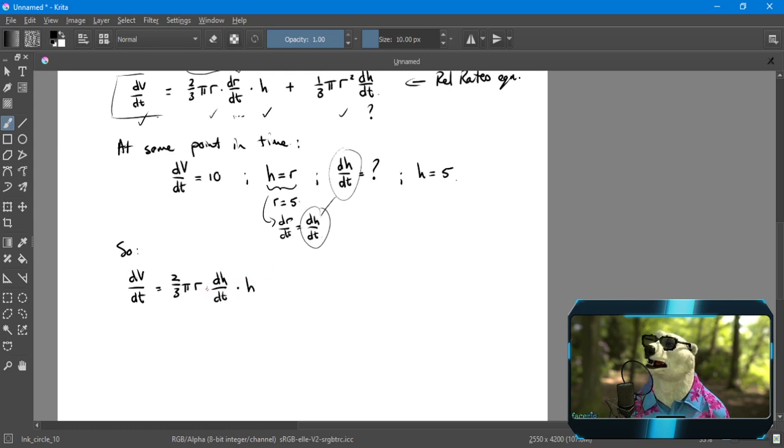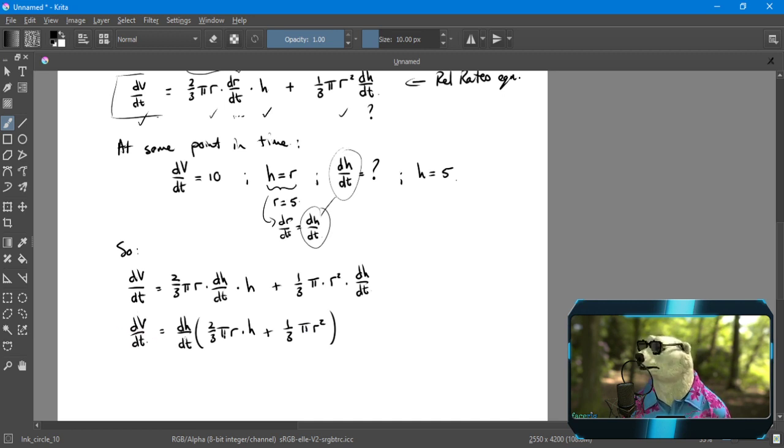And then I have an h. Then plus 1/3 pi r squared. I'm going to have a number for that. And dh/dt is still my unknown. So now I want to factor out the dh/dt so that I have dh/dt times 2/3 pi r h plus 1/3 pi r squared equals dV/dt. So then I have to solve for dh/dt because that's my unknown.